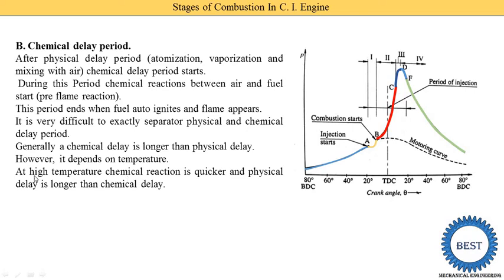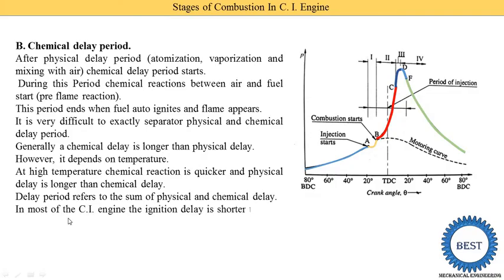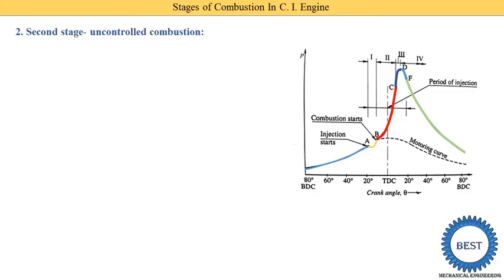So the earlier sentence is opposite: generally chemical delay is longer than physical delay, but when the temperature inside the engine is higher, the chemical reaction is quicker, so physical delay is longer than chemical delay. So the delay period refers to the sum of physical and chemical delay. In most CI engines, the ignition delay is shorter than the duration of injection.